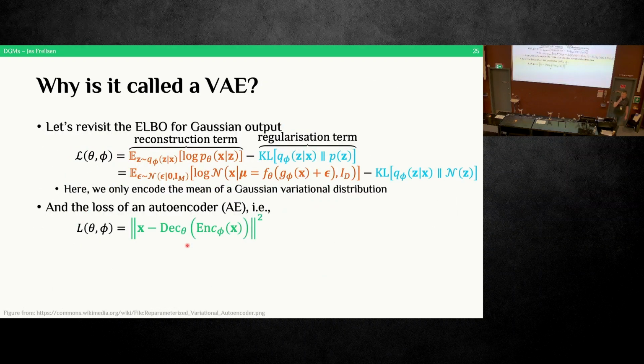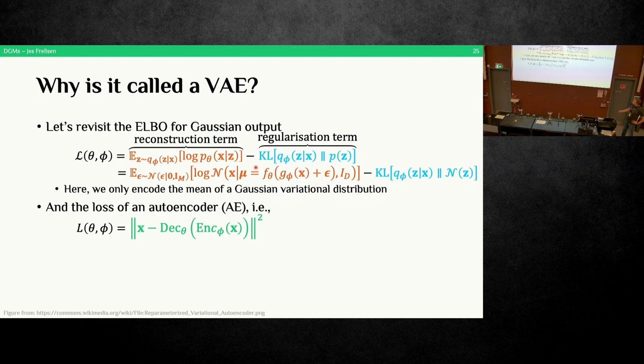So why is it then called a variational autoencoder? Well, let's revisit this ELBO. This is just repeating the ELBO, and let's assume we have Gaussian output, and let's also assume that we fix the covariance matrix to be the identity for our normal distribution.